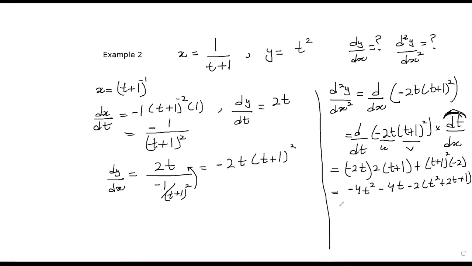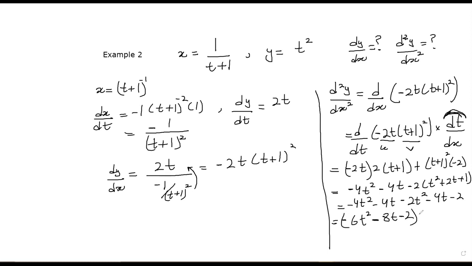Let's simplify it a little bit more. Minus 4t squared minus 4t minus 2t squared minus 4t minus 2. Simplifying this, we end up with minus 6t squared minus 8t minus 2.